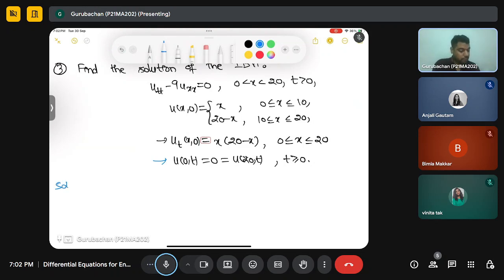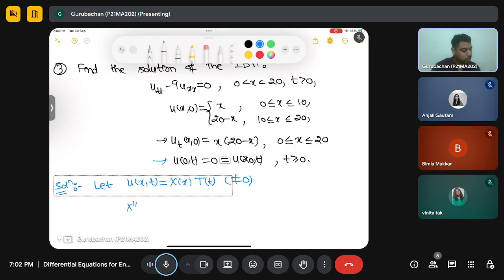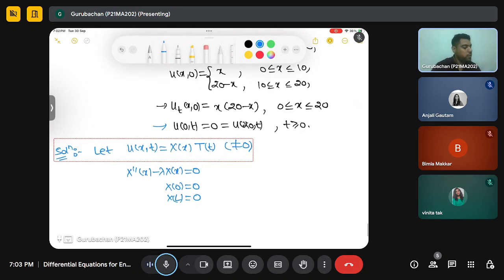So what we can say is, let u(x,t) be X(x) T(t), and this is some non-zero solution. From here X double dash minus lambda X is 0, X(0) is 0, X(L) is 0, the same Sturm-Liouville system, and T double dash minus lambda c square T is 0.